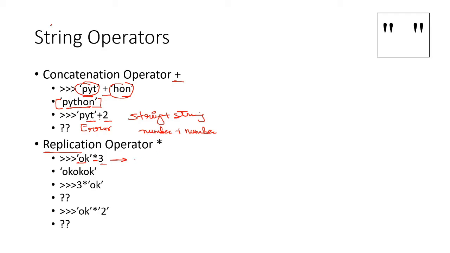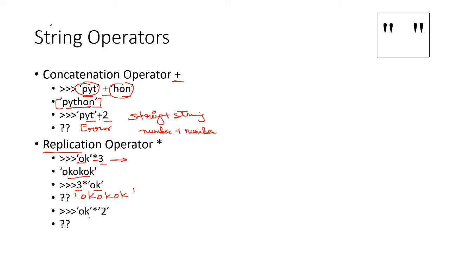So the result of this is going to be 3 times OK, and it is going to be in a single string. You can also use the integer first and the string afterwards. It is also allowed, and it gives you the same result.